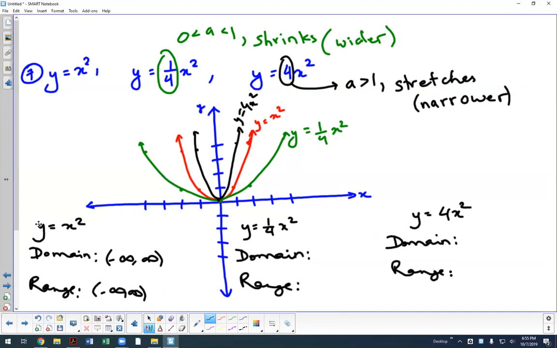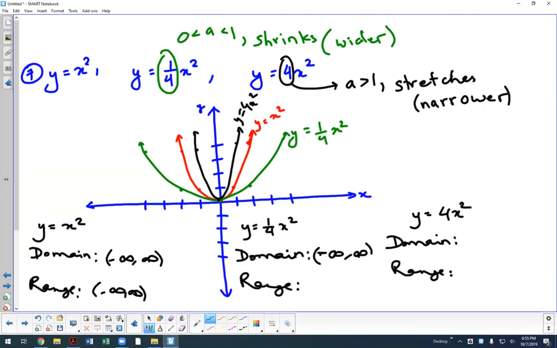One-fourth x squared, what will our domain and range be? Did my domain change? No, because I shrunk my graph for the 1/4 x squared, but obviously my arms are still going to head towards positive and negative infinity, so they haven't really changed.